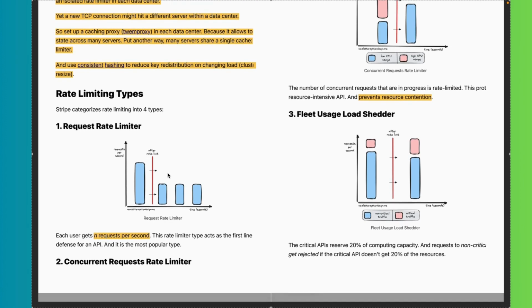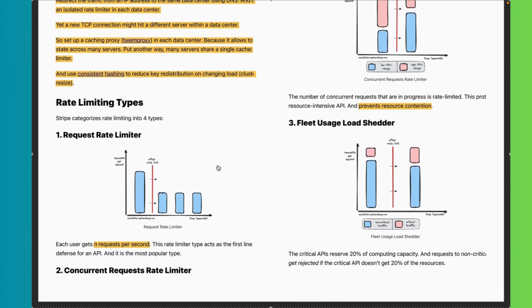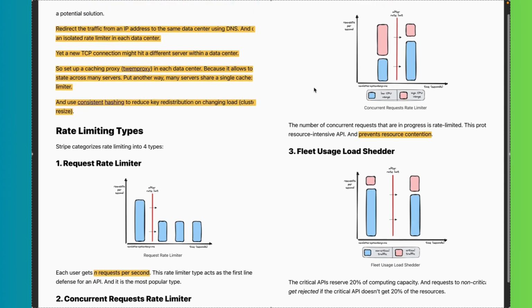Now rate limiting types. This one covers four types of rate limiters. The request rate limiter is one, where very simplistically you are allowed n requests per second. The concurrent request rate limiter is about concurrent requests being handled by the server.